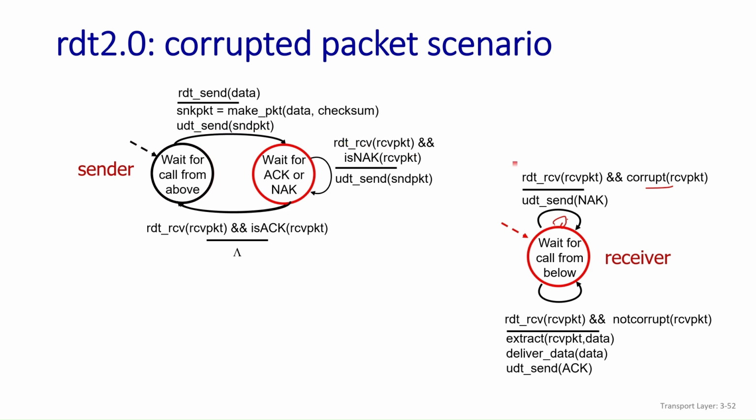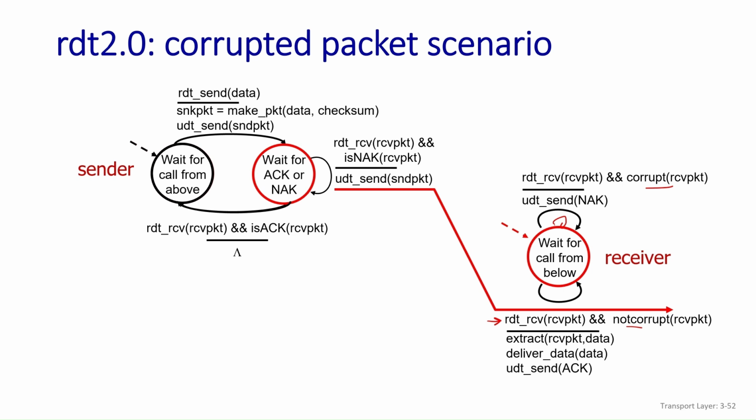So when we receive a negative acknowledgement, what will happen at the sender side? The sender will resend the packet and transition back to the state wait for ACK or NAK. So now the packet is resent. Now let's assume this time at the receiver, the event is that it receives a packet and the packet is not corrupt.